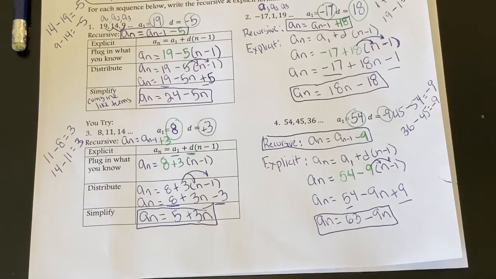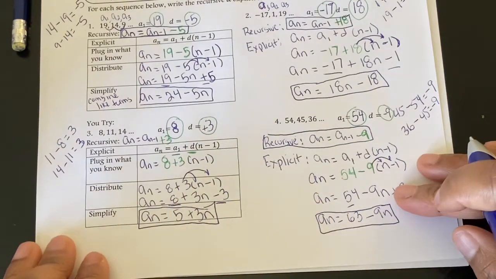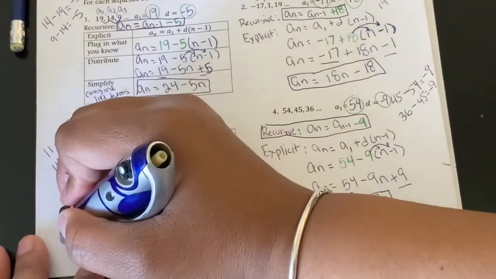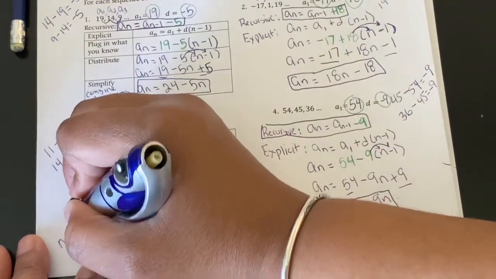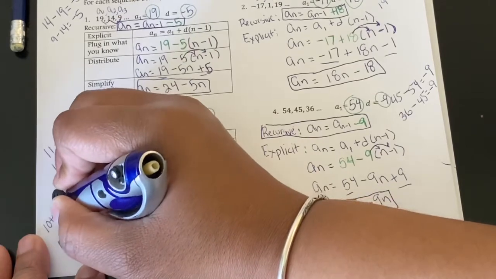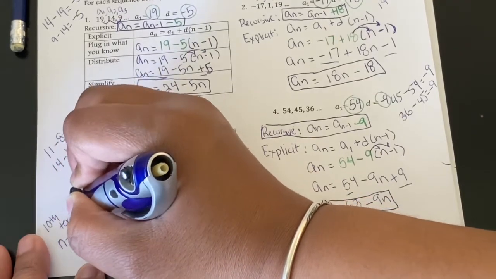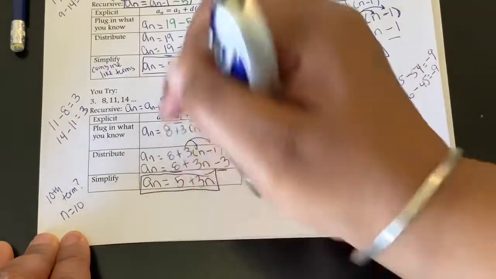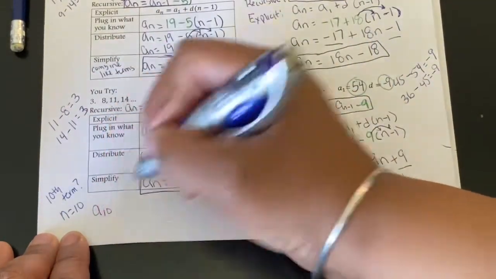Now, on your homework or on your practice, I will ask you to find the 10th term. So let's say, for example, for this third problem, I say, now what if n equals 10? Find the 10th term. That means n is 10 now. So I want you to find a sub 10.